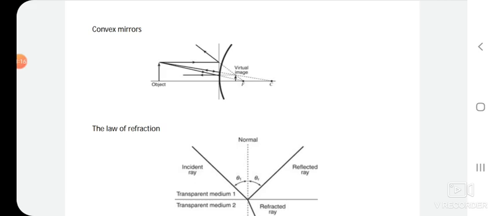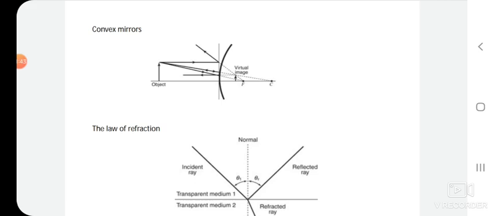For a convex mirror, the image on the opposite side of the mirror is virtual and the image on the same side of the mirror is real. This figure shows a virtual, upright and smaller image.